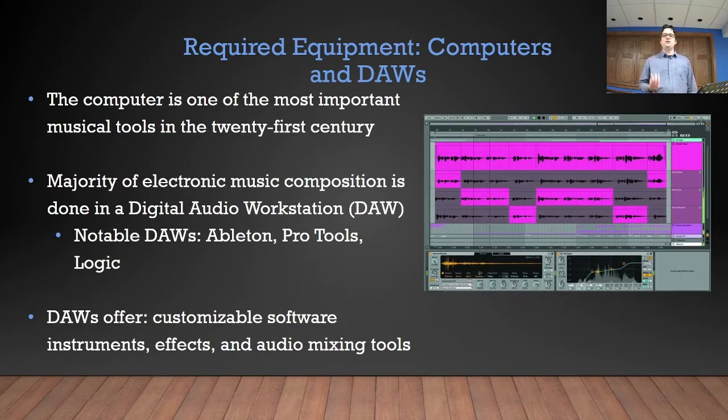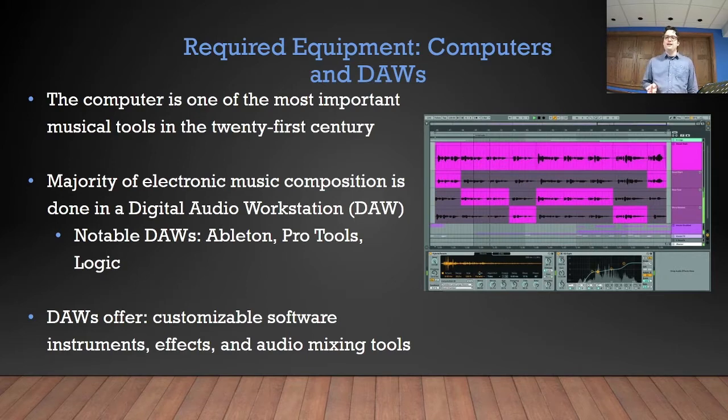Let's discuss some of the equipment that you'll need to perform a live processing piece. For performing, you'll need a computer and a digital audio workstation. The majority of electronic music composition today is done in a digital audio workstation, or a DAW. And some notable DAWs are Ableton, Pro Tools, Logic, Cubase, and FL Studio.